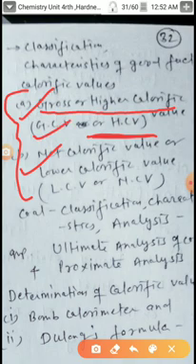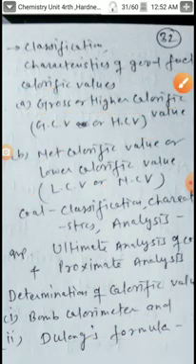And the second one is the net calorific value of a fuel. It is also described in another word, the lower calorific value of a fuel. So students, you understand the whole scenario.